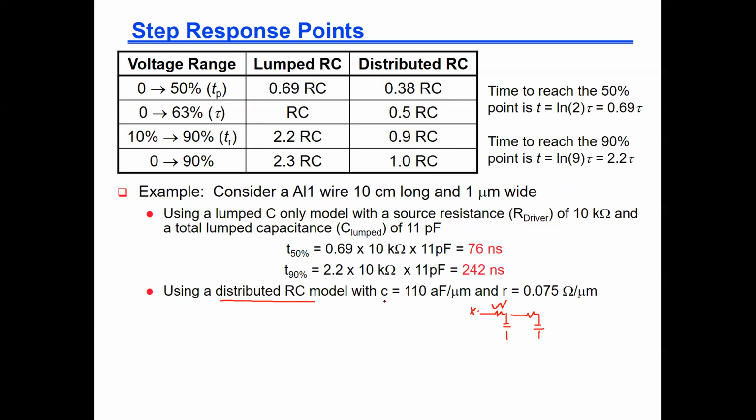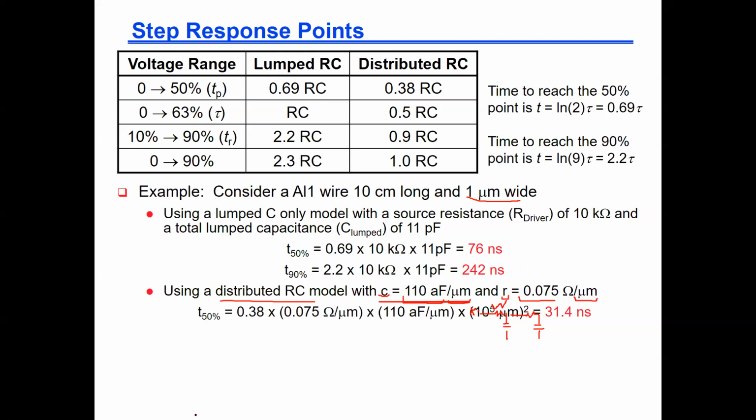This time he gives me little c, which is capacitance per unit length, and little r, which is resistance per unit length, and those values are derived from the tables. Because if I know the wire width and the CPP coefficient, I can get the capacitance per unit length, and the fringing is also per unit length, but he's making things simpler for me. He's saying assume that this is little c per unit length for the wire.